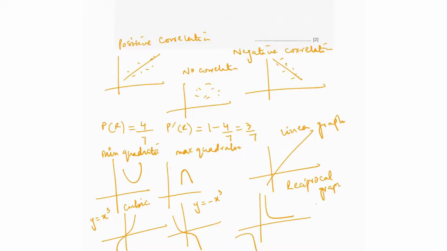This is when your numerator is positive, so let's say y equals 2 over x. If it's positive, it's going to be this. And if it's negative, I'm using a different color for that, that's going to be this. So we have a reciprocal graph, we have cubic, quadratic, linear. I think we've covered all of the graphs that you can be tested on.